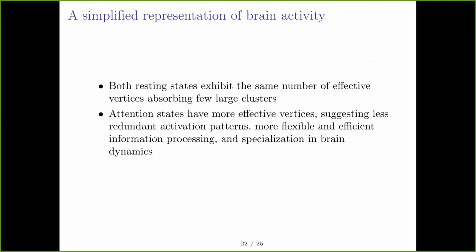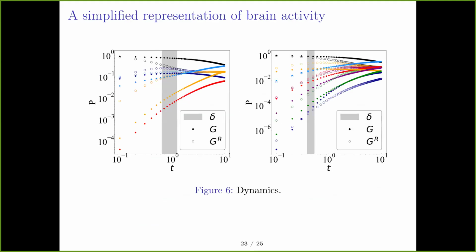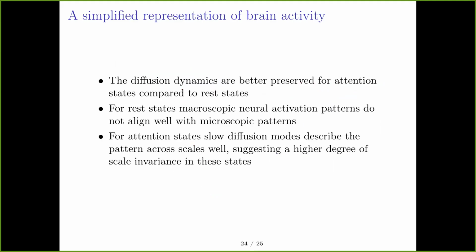information. What we also looked at is, again, can we preserve the dynamics in these cases, because this is a very, very messy system. And what we saw is that for the brain during activity, we can do it quite well. This probably indicates that the slow diffusion modes, the slow frequency modes, which represent the macroscopic activation patterns, are representing the system across the scales very well.